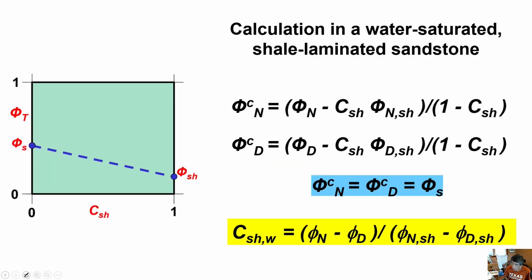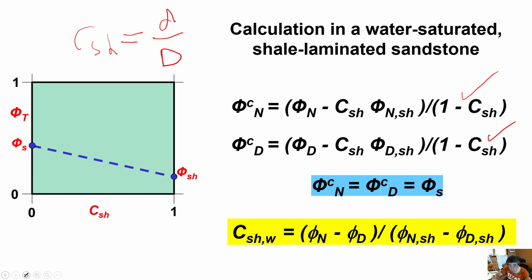Now, I told you that when you have a sandstone, a shaly sandstone or a shale-laminated sandstone saturated with water, we can calculate CSH with the formula that says lowercase d over uppercase d. Now I'm going to show you where that formula comes from, and it comes from here. So we do the correction for the neutron log as we did before. We do the correction for the density log as we did before.